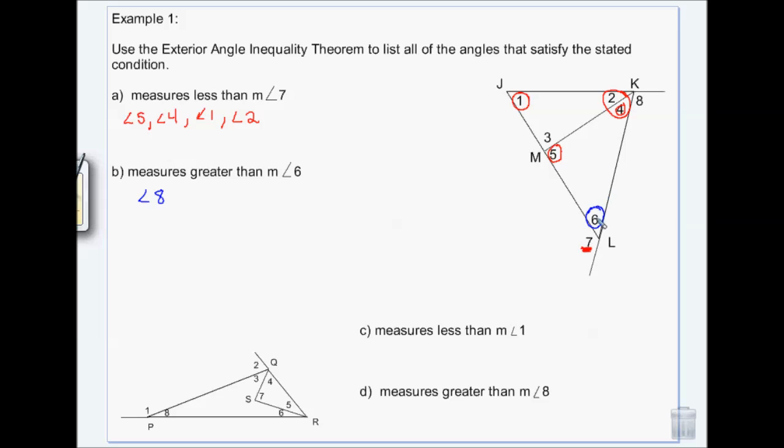And if you take into consideration 6 and 4, it's a remote interior angle to angle 3. Does that make sense? If I look at 6 and 4 together, that gives me angle 3. If I look at 6 and 5 together, that gives me angle 8.